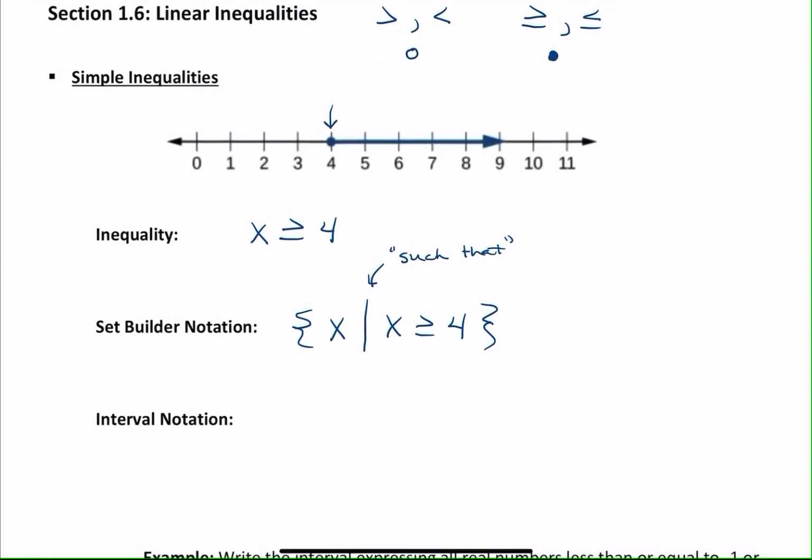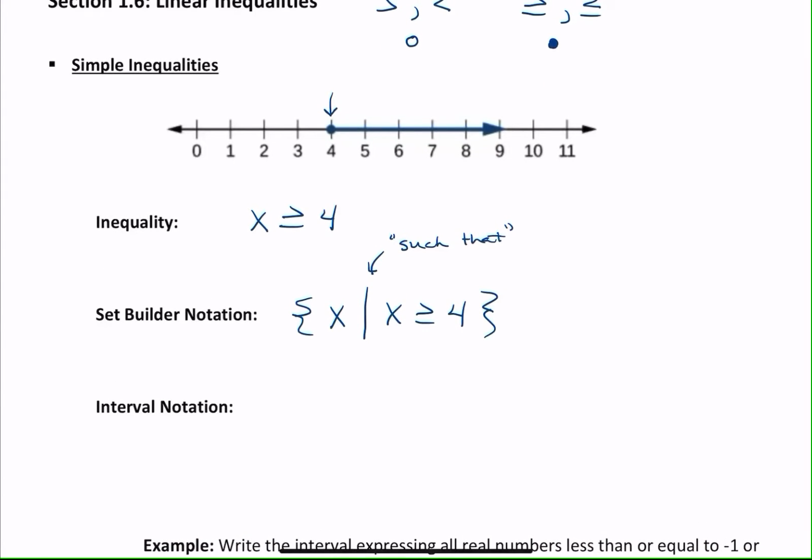Interval notation is where you use parentheses or brackets. Remember, you use parentheses if it's not included. So if it has an open circle, you'll use parentheses, and you'll use brackets around it if it's got a closed circle or is included, a greater than or equal to or less than or equal to.